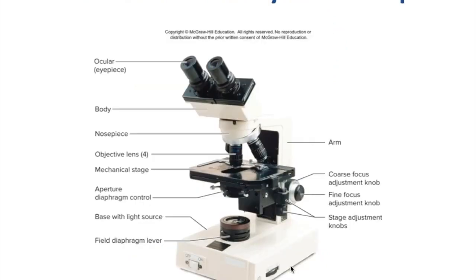Now let's talk about the light microscope. Light microscopes are widely used in labs and hospitals. It contains different parts. The top one is the ocular lens, which directly faces our eyeballs.